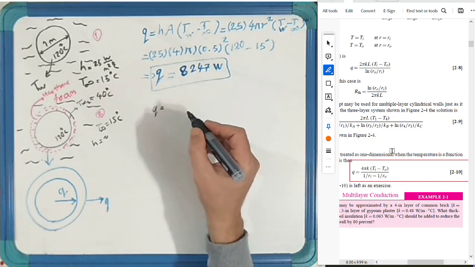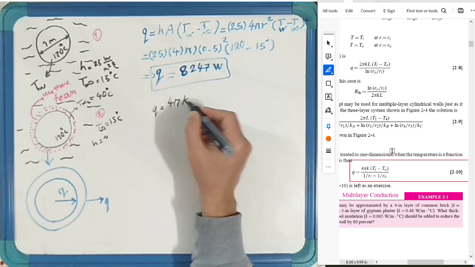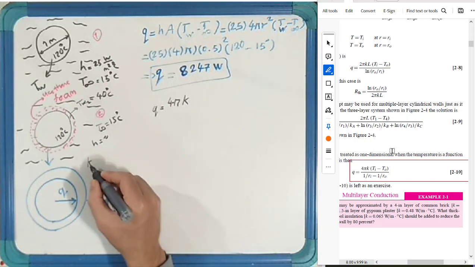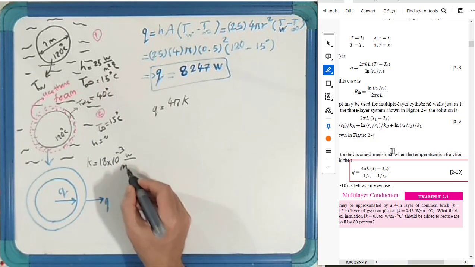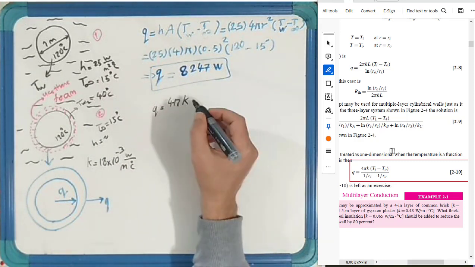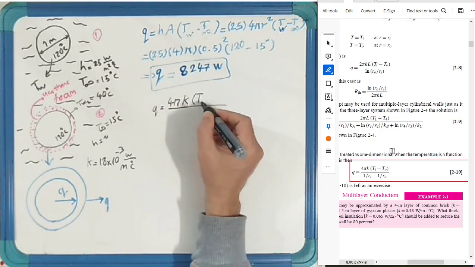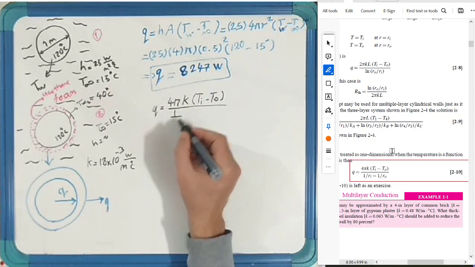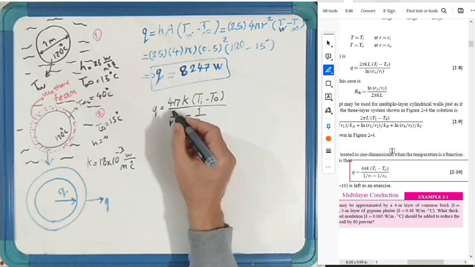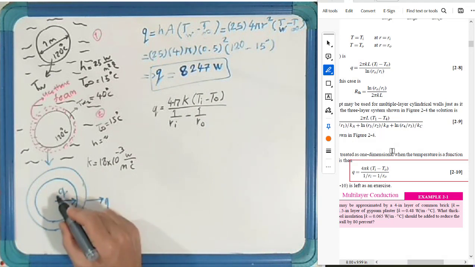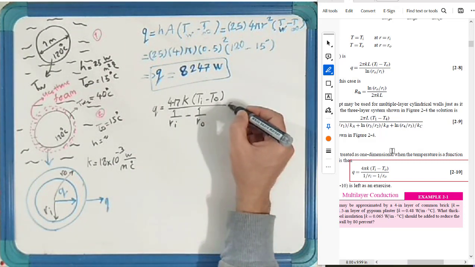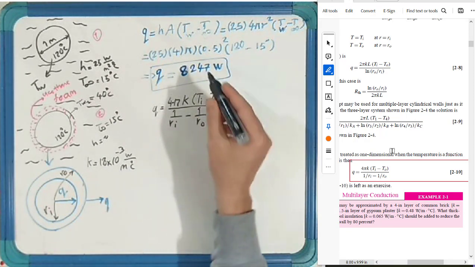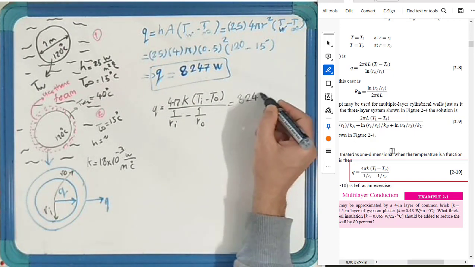It would be Q equals 4 pi k, which is the thermal conductivity of this material, and we know k will be 18 multiplied by 10 to the minus 3 watt per meter degree Celsius, times Ti minus To over 1 over r in minus 1 over r out. This is r in, r out. We should put all of these values inside the formula and evaluate it. If we do that, this would equal 8,247 watts.